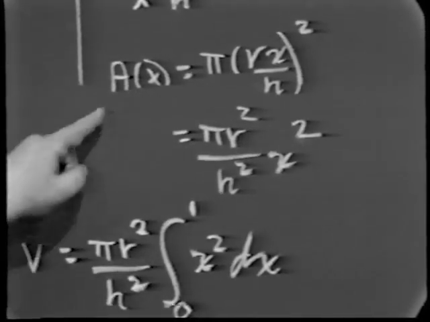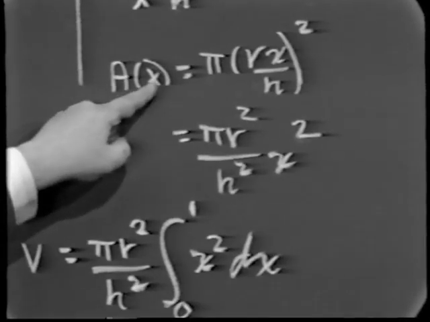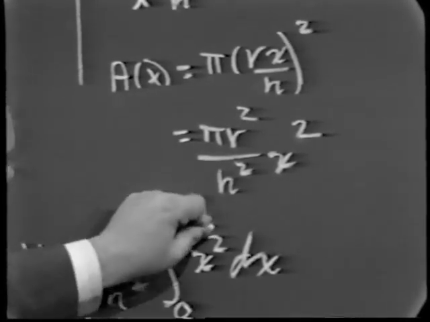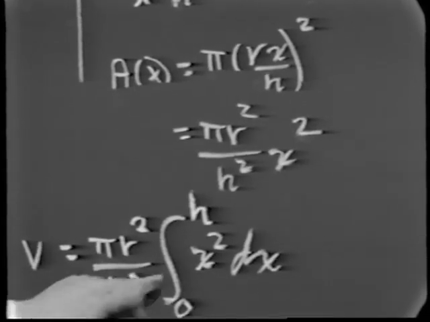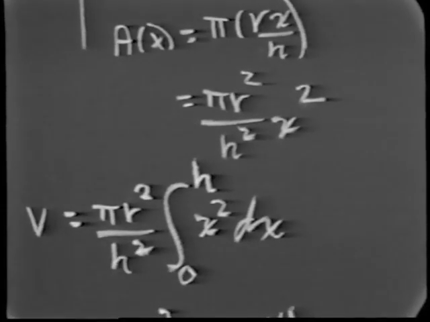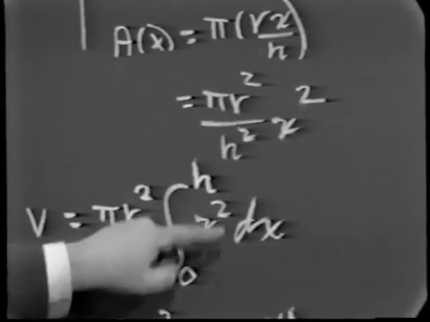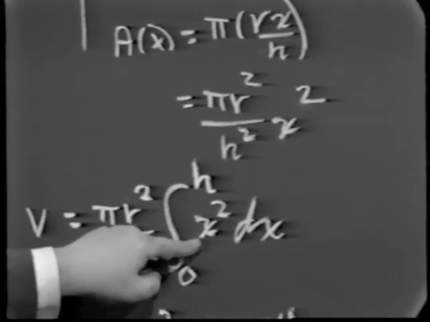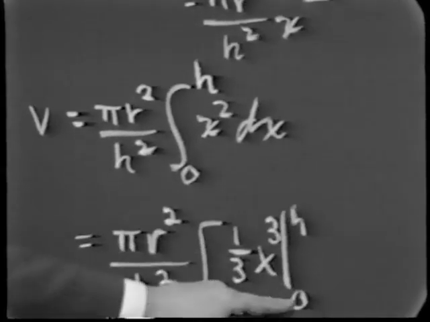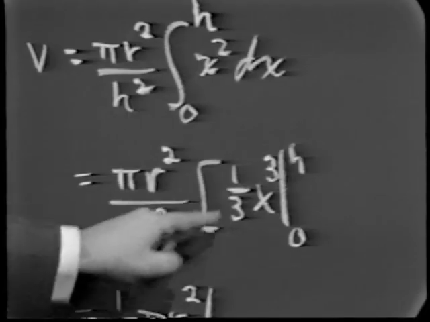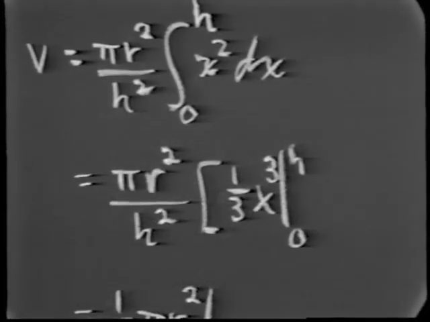And to find that volume, I simply integrate this between 0 and h, recalling that pi, r, and h are constants. I can take the constant outside of the integral sign. The integral of x squared, meaning the inverse derivative, is 1/3 x cubed. If I evaluate that between 0 and h, I get 1/3 h cubed.